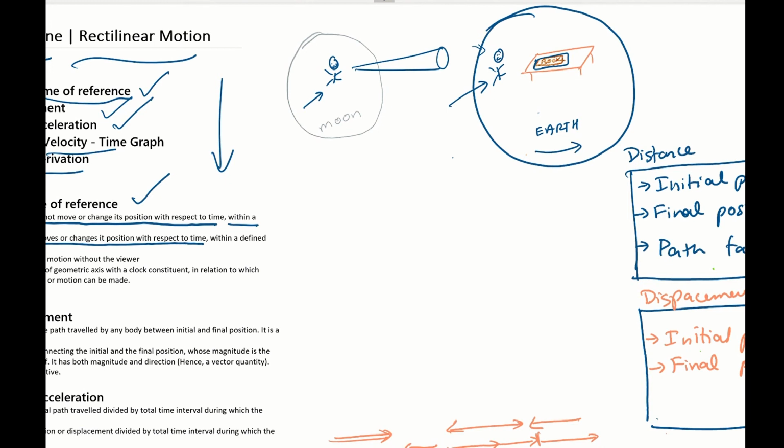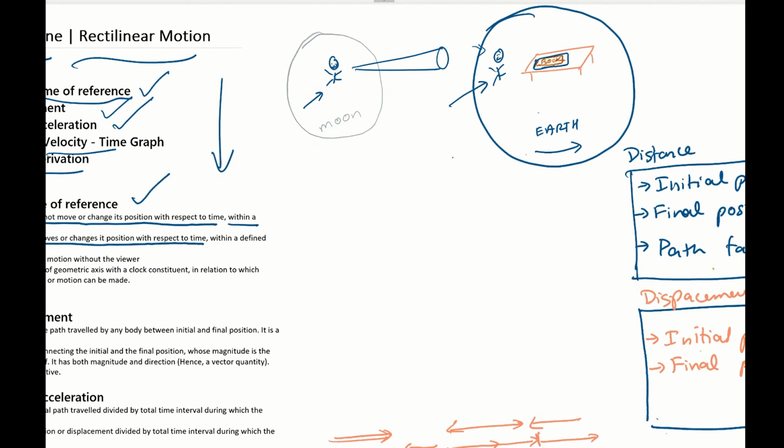I hope you're able to see the point that I'm trying to get to, and why it is important to define the frame of reference. Because depending on the viewer, any object can be at rest or it can be in motion.